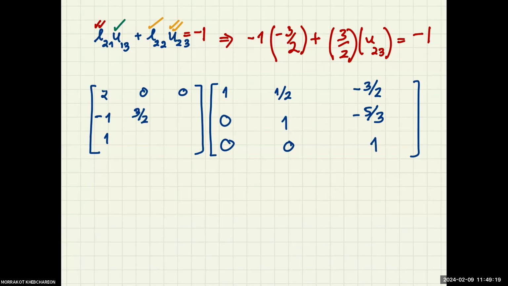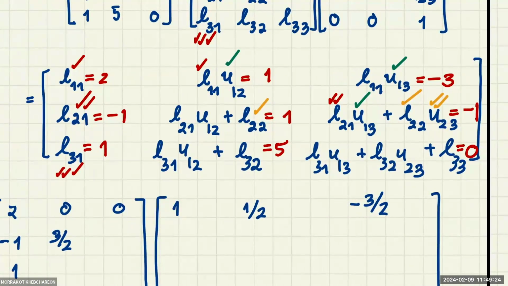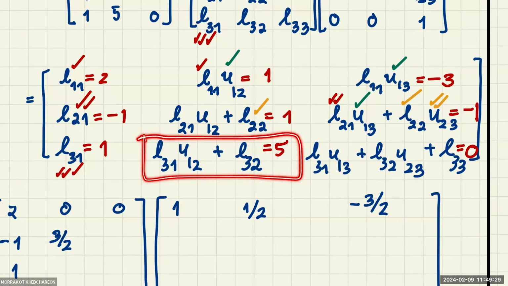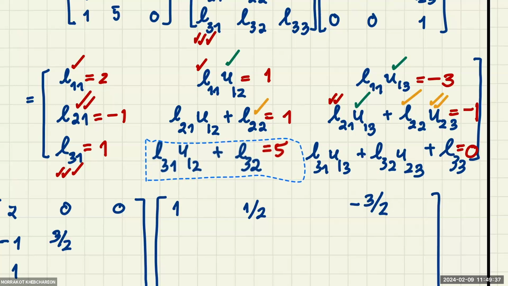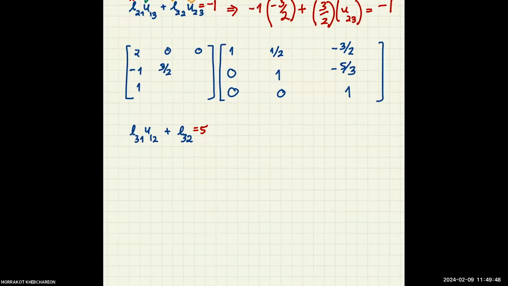Okay, what else here? You will get L32. So L32 is 5 minus L31 U12.